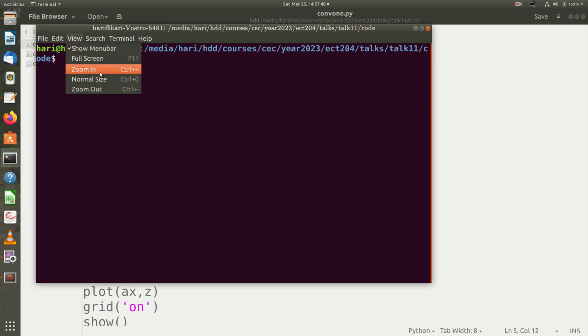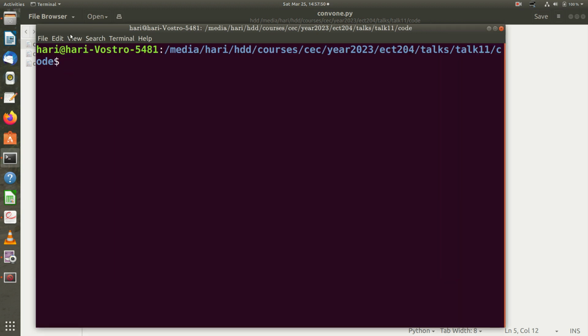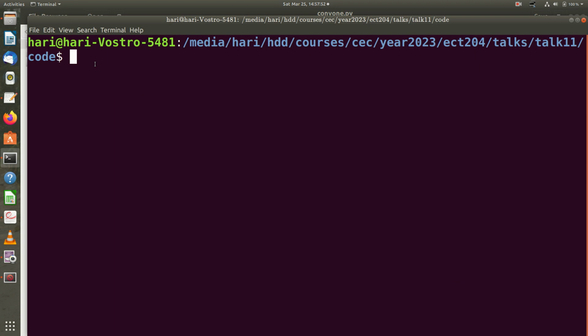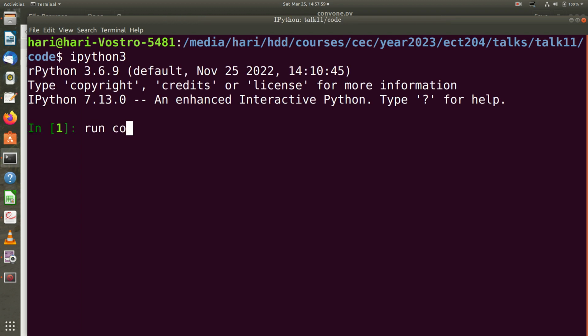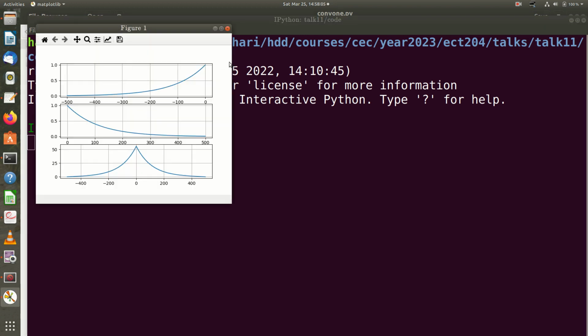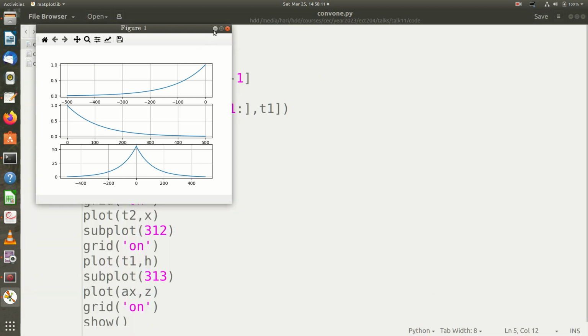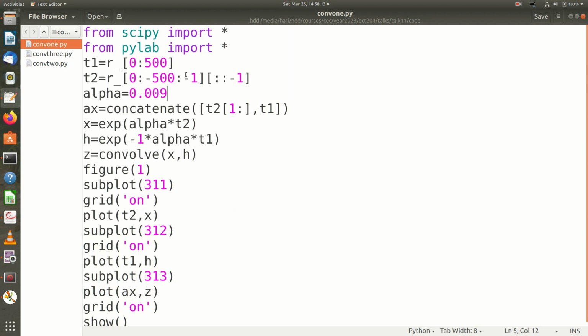I will zoom it a little. Now this is a case we discussed in the beginning. Here you can appreciate this code.